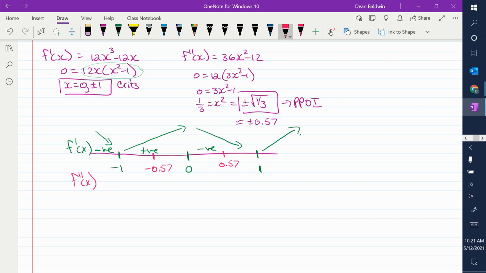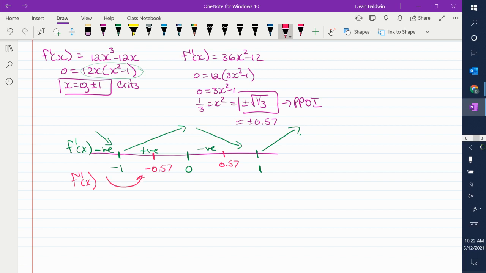In the red, now we're only looking at the red. This is my dividing line for my interval. I need a number that's less than -0.57. What would be a nice easy one? -1. They go into the second derivative, which is this. So I put -1 in here. Do I get a positive or negative number? Positive, so it's concave up on that interval.